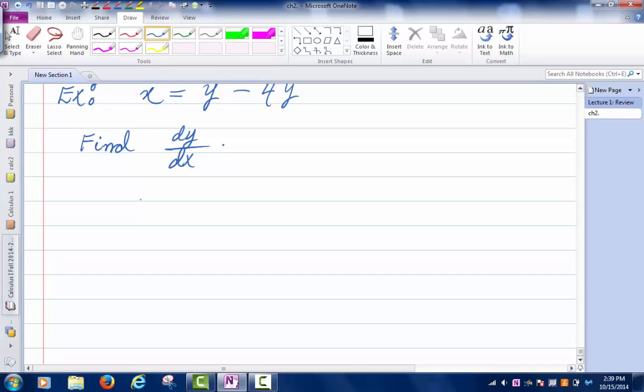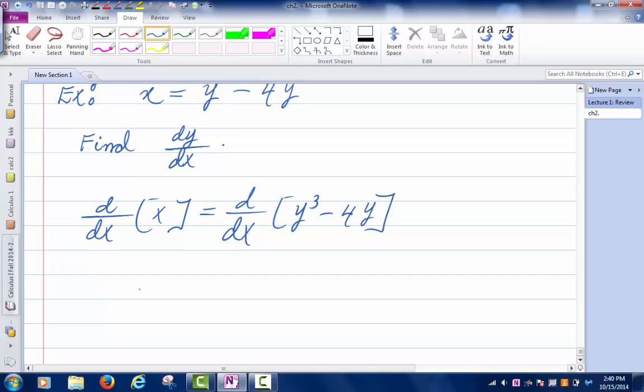Okay, so how do I find the dy dx? Well, I just take the derivative of both sides with respect to x. What's the derivative of the left-hand side? 1. Okay, what's the derivative of y cubed minus 4y with respect to x? Well, the entire expression is in terms of y, right?